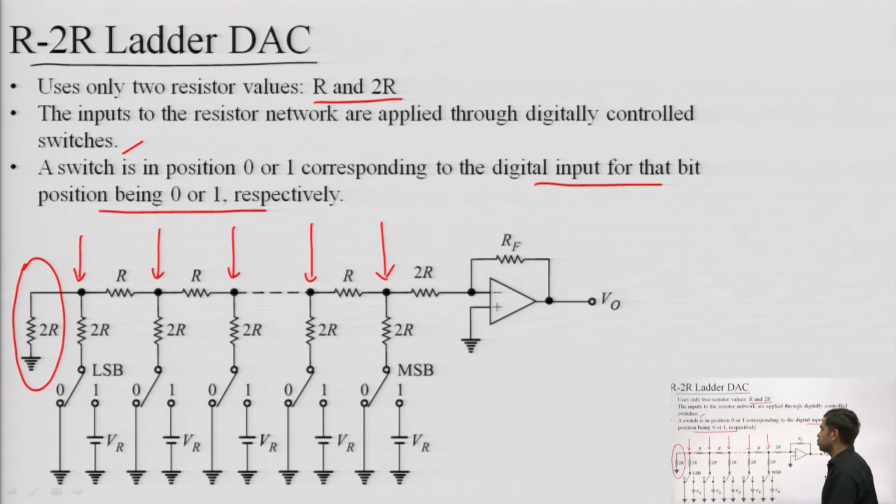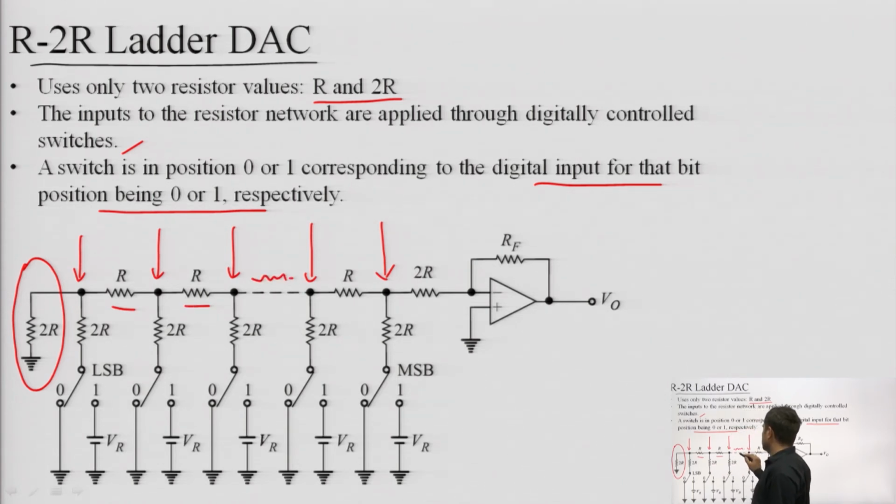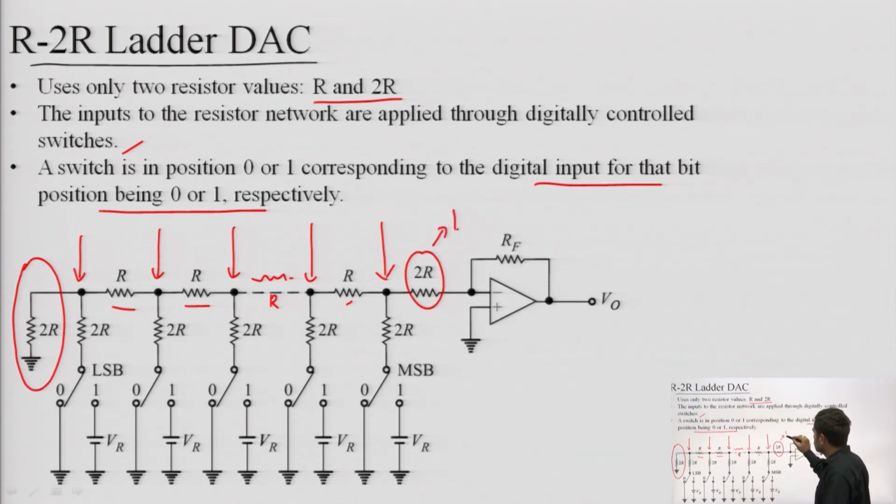These 2R branches, or we can say the vertical branches, are accepting the binary input, and the resistance between these parallel branches are R, then R, then R, and the last resistance is equal to 2R, that we have to remember. Okay. So this is a general structure of a n bit R to 2R ladder DAC.